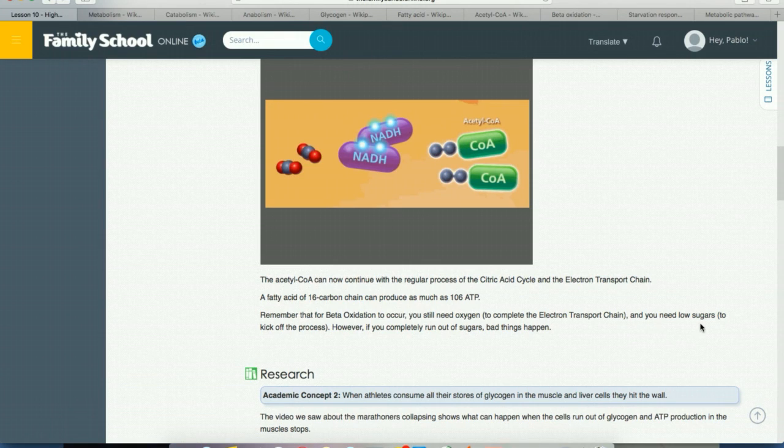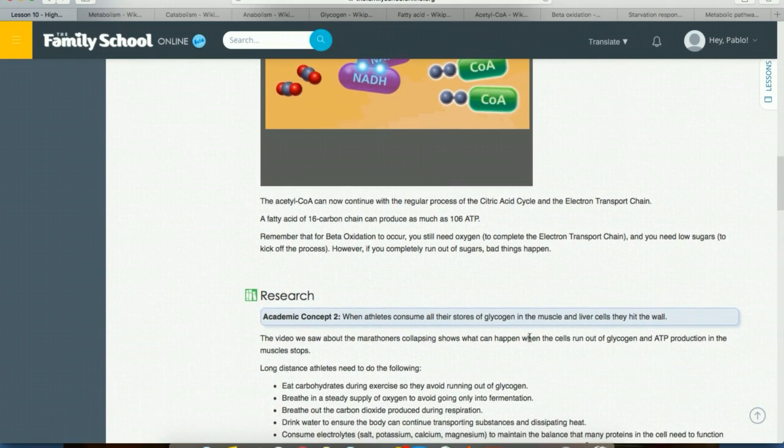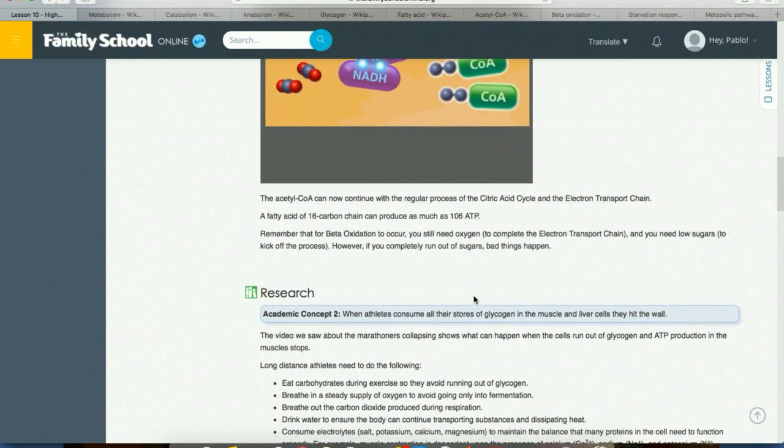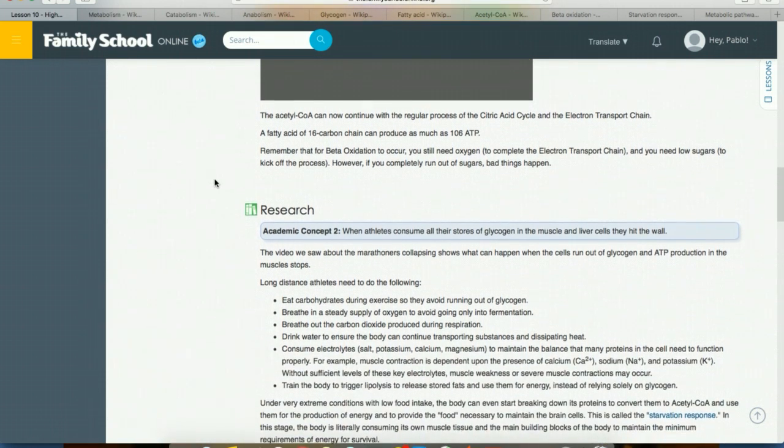And you need low sugars to kick off the process. However, if you completely run out of sugars, bad things happen. I wonder what happens if you run out of sugars all the way. So it seems that beta oxidation, to break down these fatty acids, you still need to breathe.